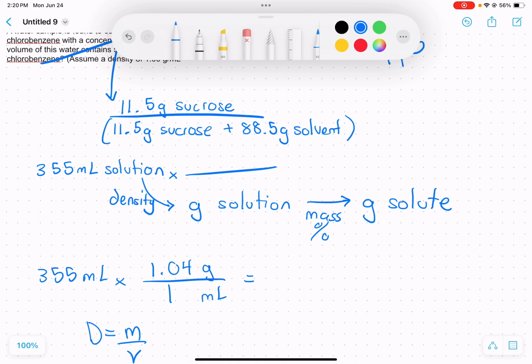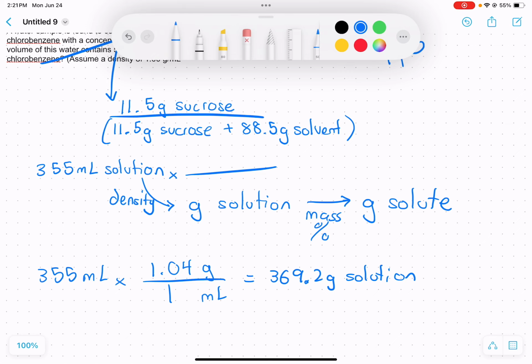I'm going to multiply 355 times 1.04, and that's 369.2 grams of solution.